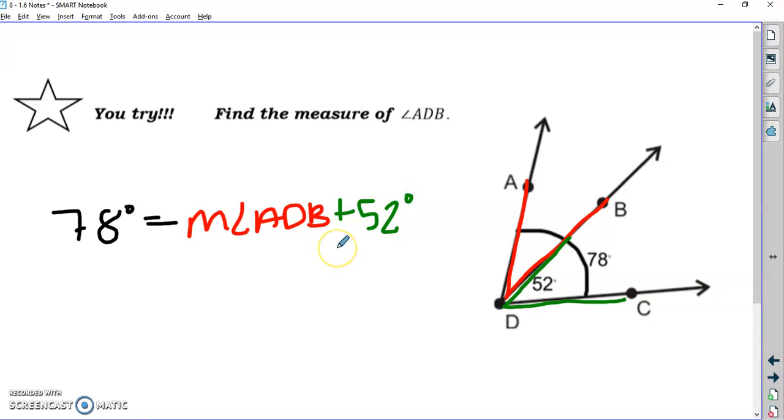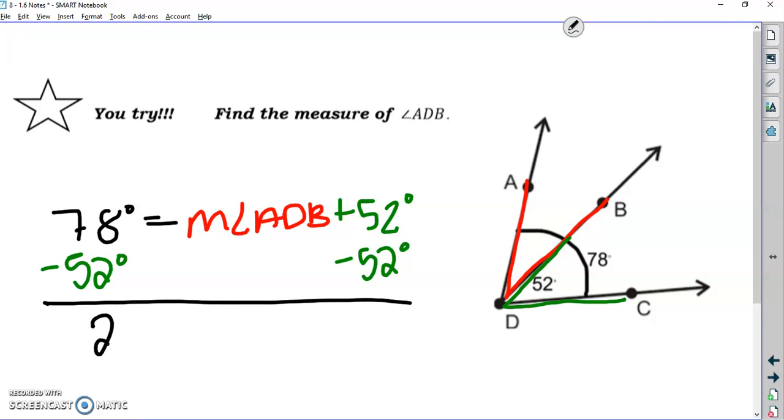So we're going to subtract 52 from both sides. And that gives us 26 degrees for the measure of angle ADB. So if we add that 26 degrees together with the 52 degrees, we get a total of 78 degrees.